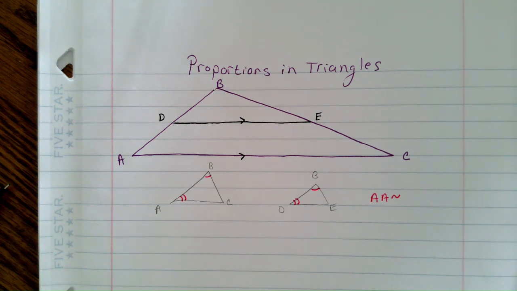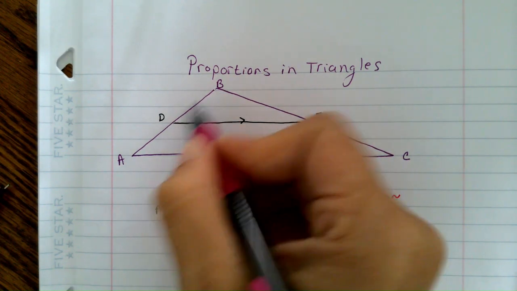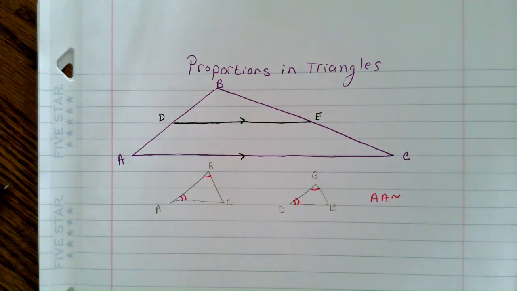Okay? So the leg of this triangle, the ratio of the small to the big, will equal the ratio of the small to the big.